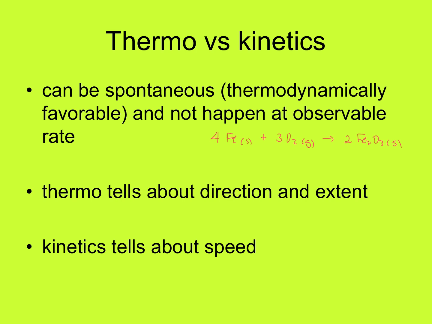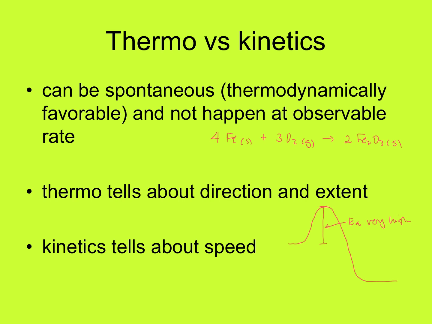So the fact that it is rusting means that it is thermodynamically favorable, but the fact that it's happening slowly indicates that that is a function of kinetics. And the reason it's happening so slowly is because if you look at the reaction profile diagram for rusting, which happens to be an exothermic reaction, you can say that the activation energy, which we call EA, is very high.